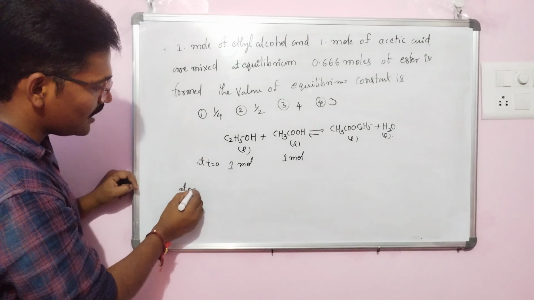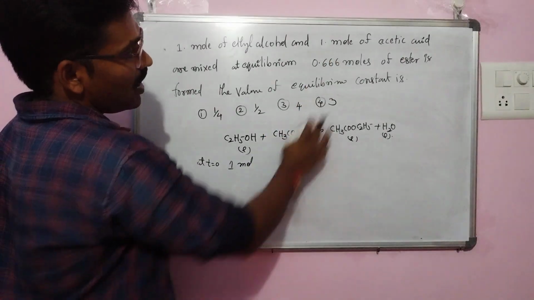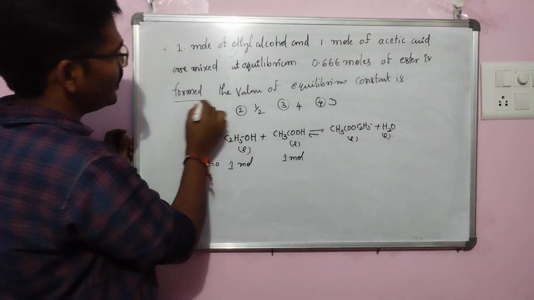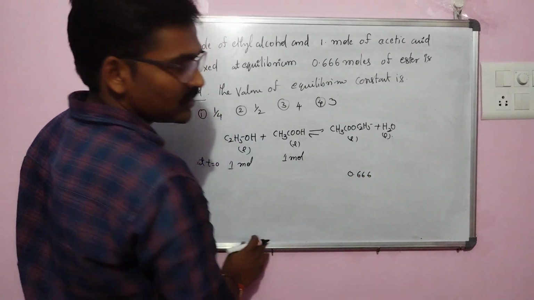At equilibrium, it is mentioned that 0.666 moles of ester is formed, so we have to take it as 0.666 moles.